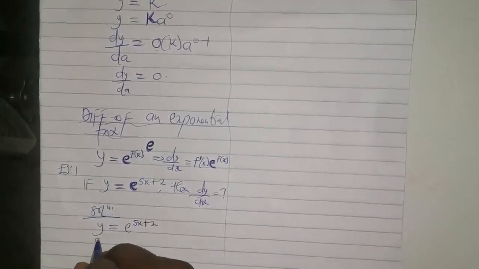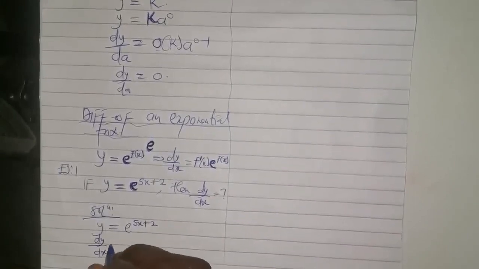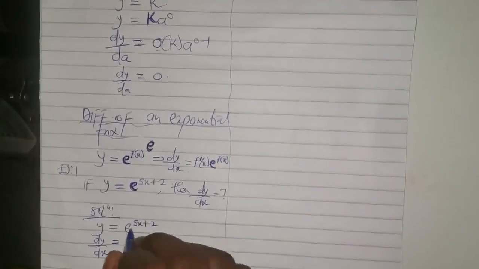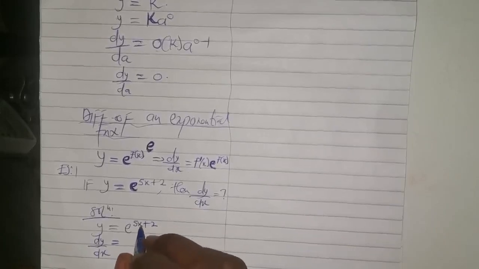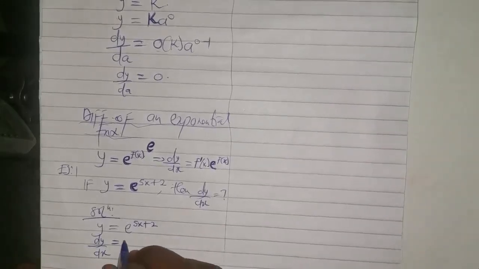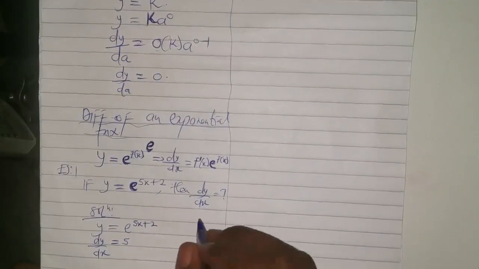So my dy over dx will be equal to, I will differentiate the 5x plus 2, differentiating each term individually, that is addition of differentiates. If I differentiate 5x, it becomes what? 5, right?